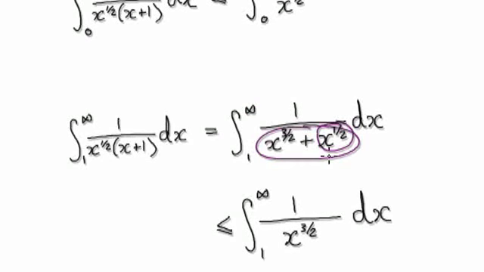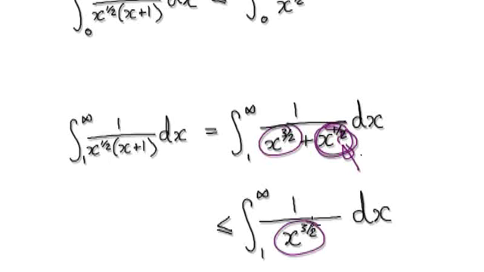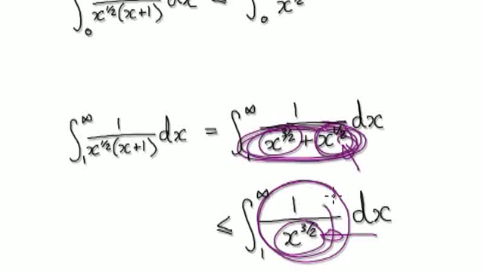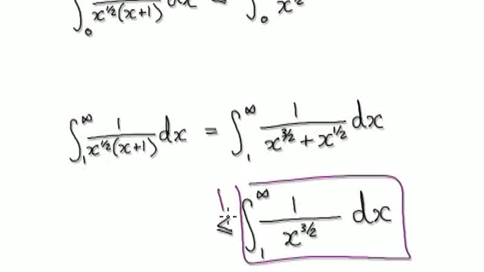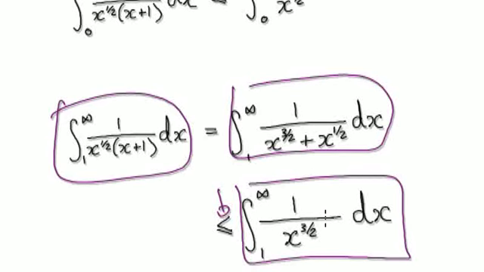So here you've got one thing plus a tiny amount here. If you throw this tiny amount away, then this thing here will be smaller than this thing here. Well, if this thing here is smaller, then the overall thing here will be bigger or equal to this thing here, which is the same as this thing here.